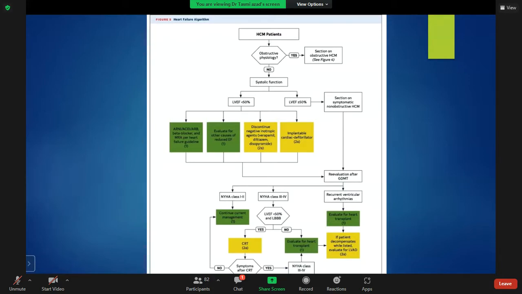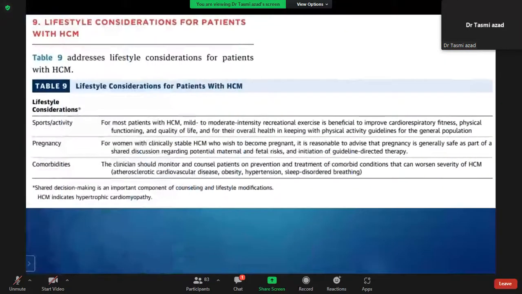And if it is more than 50% and symptomatic, then we will treat as symptomatic non-obstructive hypertrophic cardiomyopathy, and re-evaluation is needed. And if the patient is NYHA class 3 or 4, with reduced ejection fraction and left bundle branch block present, then we will go for cardiac resynchronization therapy. Okay, so this is the gist regarding advanced heart failure management.